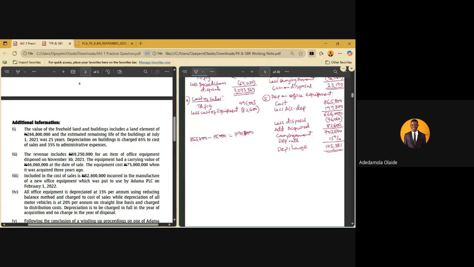This will be the cost of the remaining assets they are yet to sell. Then accumulated depreciation for it at the beginning of the year is 199,800.